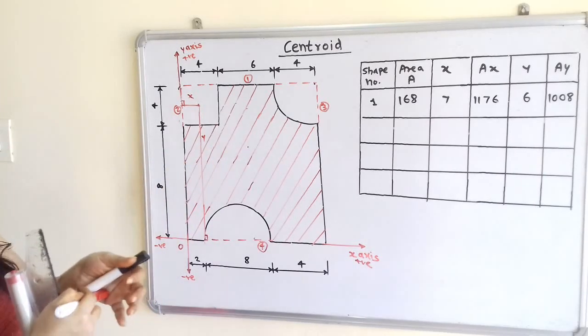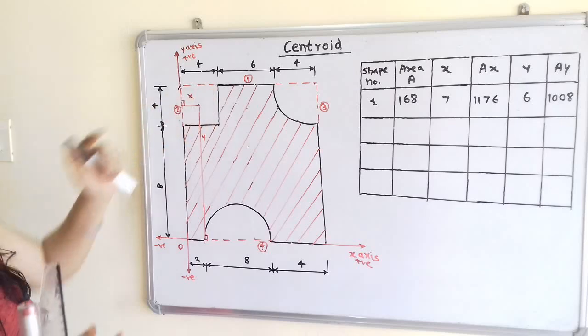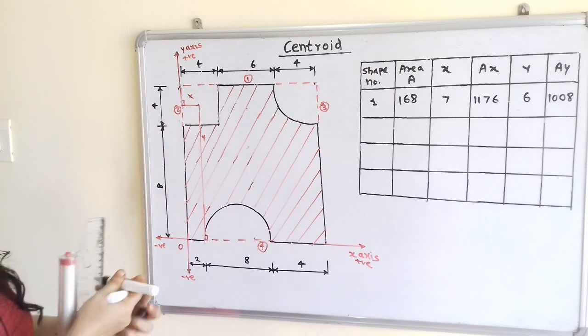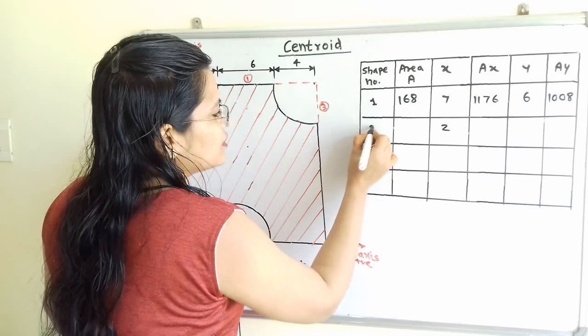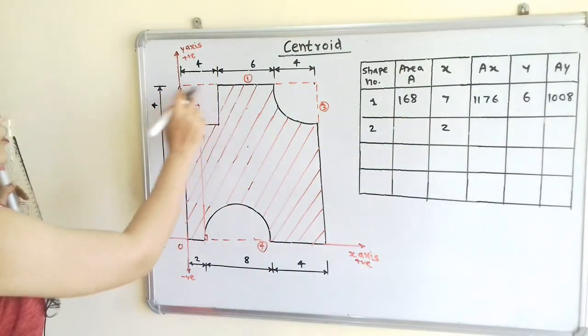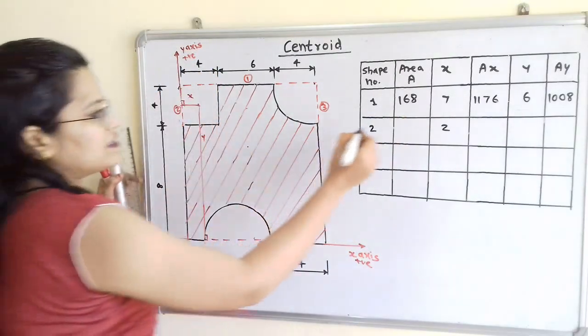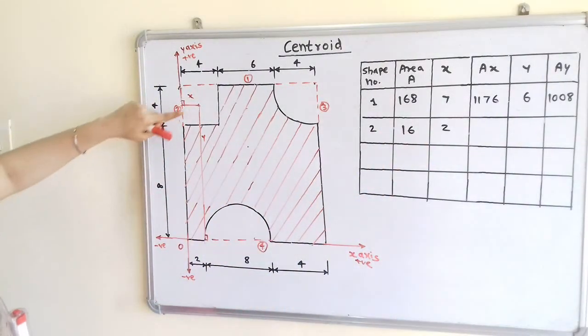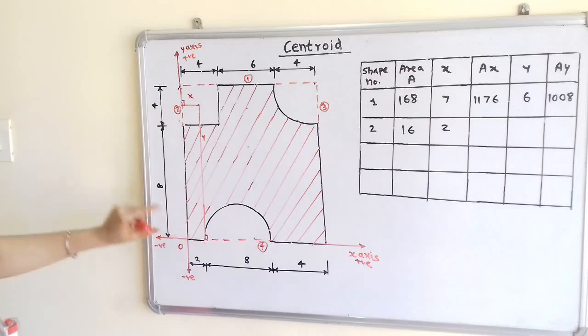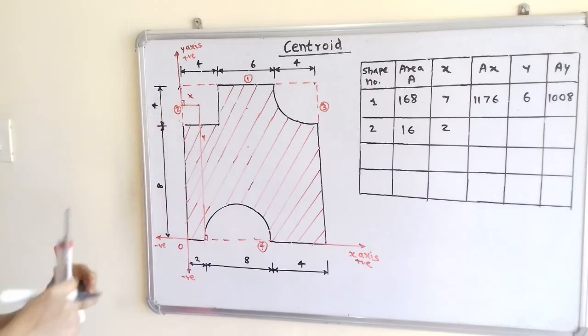So what is the value of x? This is the middle point of 4, that is 2. So we will take here x is equal to 2. Now we will give here shape number 2. Area is 4 multiplied by 4, that is 16. Then value of y. So if we observe from this point to this point, this 8 plus 2, that is 10.